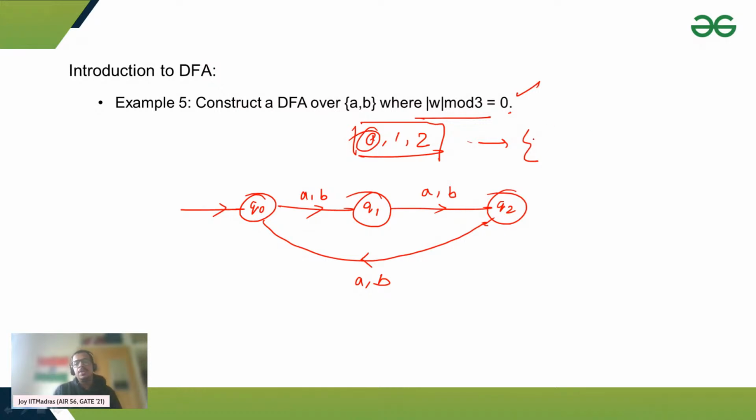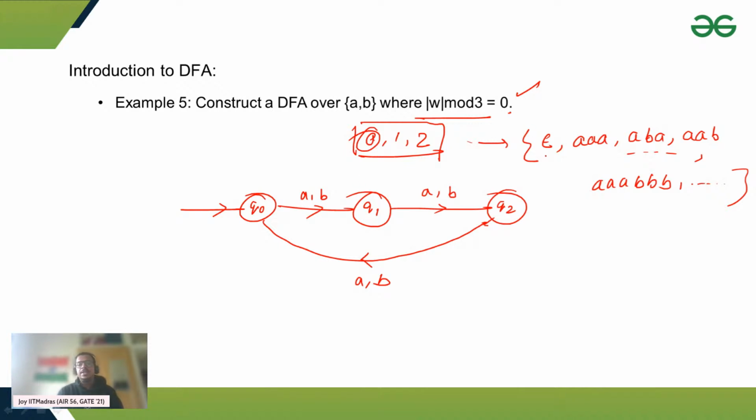The strings of length 0, that is null; the strings of length 3, because 3 mod 3 is 0, such as AAB, ABA, all the strings with length 3; then the strings with length 6, such as ABABAB. These are the strings that will be accepted.